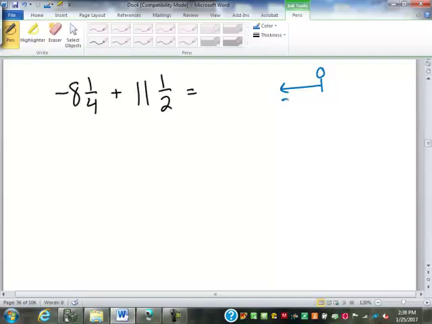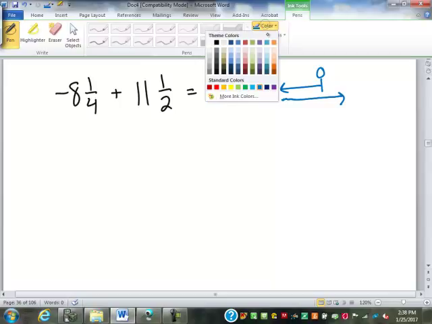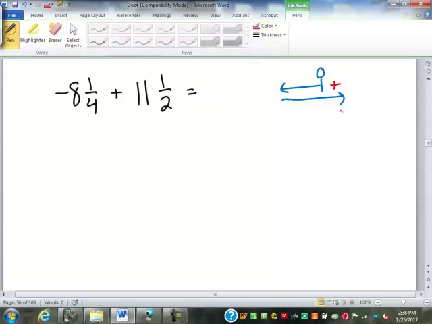Opposite, longer or shorter? Longer, so we go past 0 into the positive side of things. They're still opposite directions, so we're still going to subtract the absolute values. So it'll be 11 1/2 minus the 8 1/4. Give us 3 1/4. So this is a positive 3 1/4.